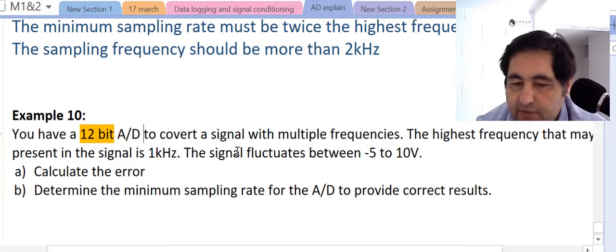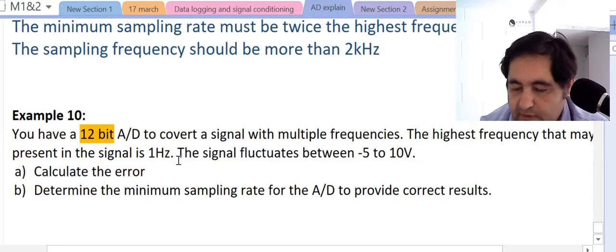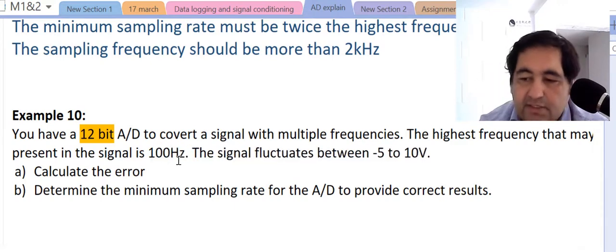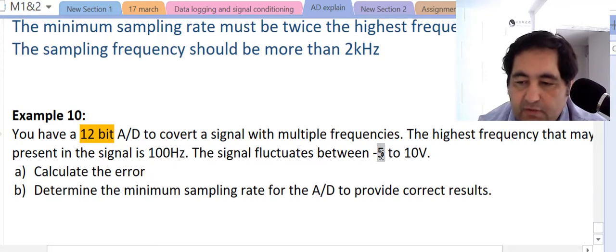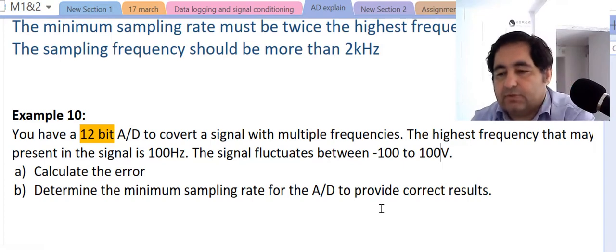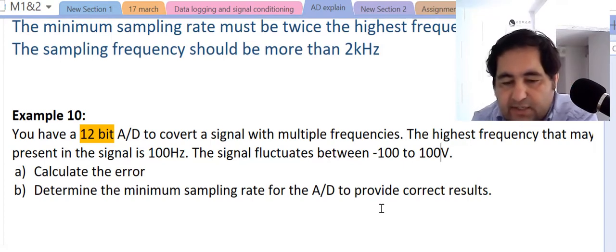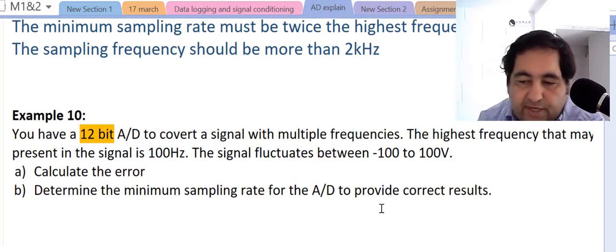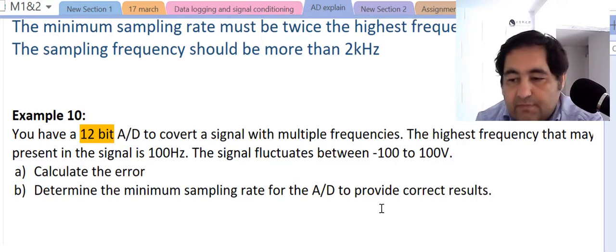The highest frequency present this time is for example 100 hertz. The signal fluctuation this time is changing from for example minus 100 to 100 volt. Calculate the error, and determine the minimum sampling rate for the A to D. That wouldn't be a big challenge to understand and find.